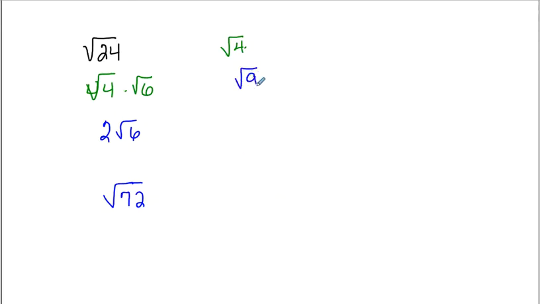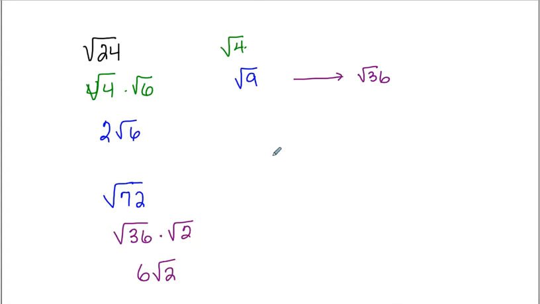So if 9 goes into the number and it's a large number, I also want you to check 36. It's just kind of like a trick because it happens a lot. In this case, 36 does go into 72. It goes in twice. So I can rewrite it as a product of multiplication. So root 36 times root 2 is the same as root 72. So that would simplify to 6 rad 2. We can say 6 rad 2, 6 root 2, 6 square roots of 2.